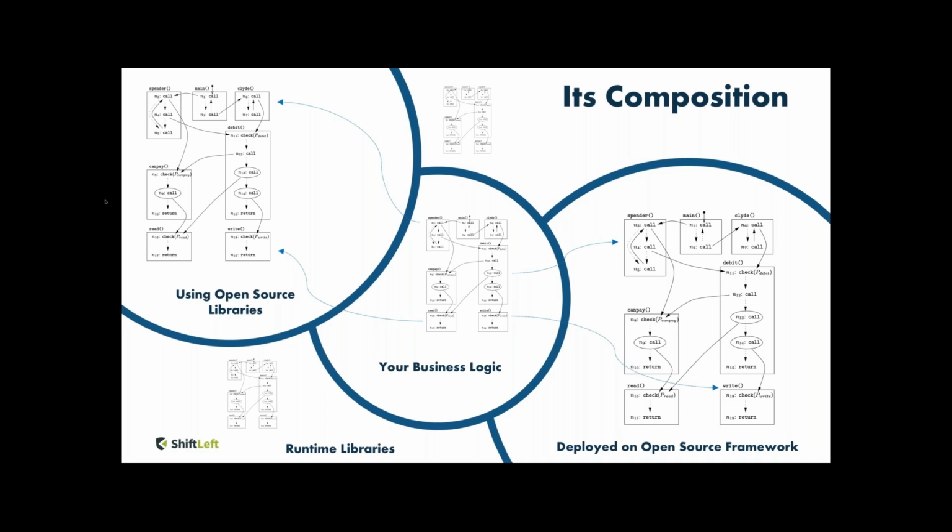Owing to this, it becomes relatively hard to assess and comprehend the security posture of your application. Looking at the screen, you notice that there are several communication paths. And if you're using tens and hundreds of open source libraries and deploying on a framework, this whole process of understanding your code becomes fairly unwieldy.